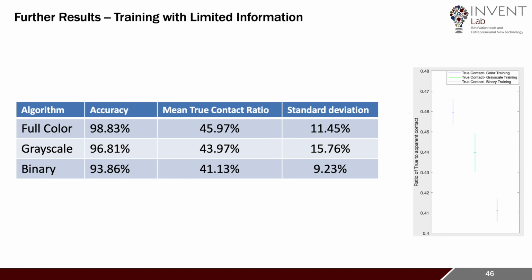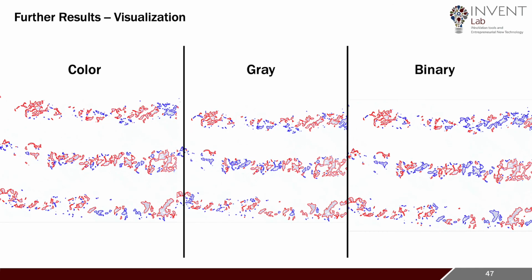In particular, the less information the algorithm is given, the more likely it is to identify a spot as apparent contact or wet contact.